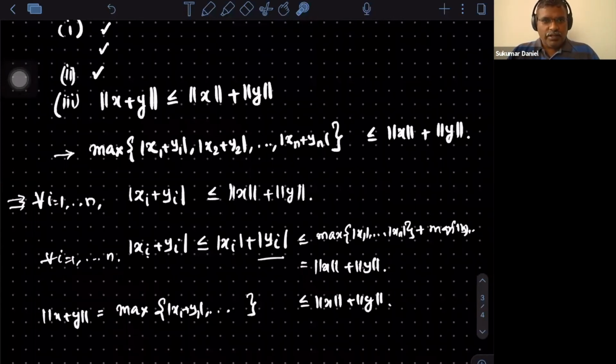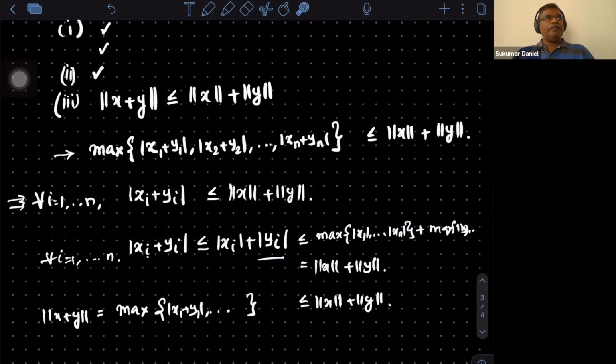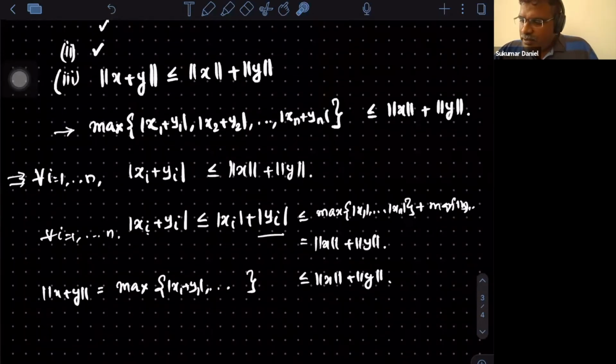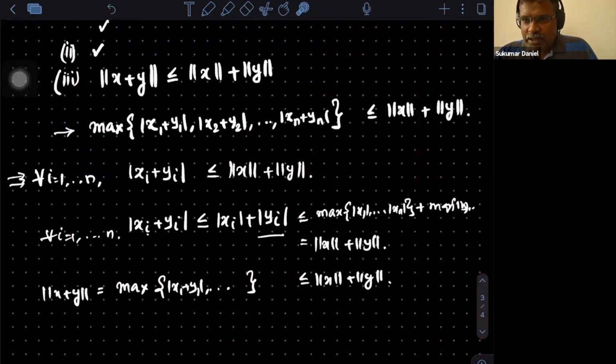Just hold on for a while. Just think about whatever proof I said. So if the maximum is of certain numbers in a finite set, then the maximum is going to be one of the elements.